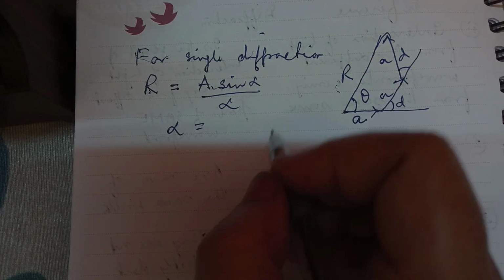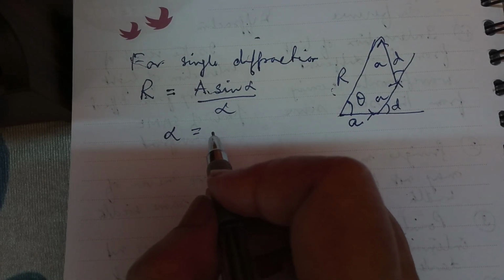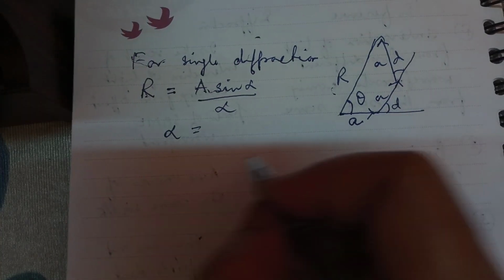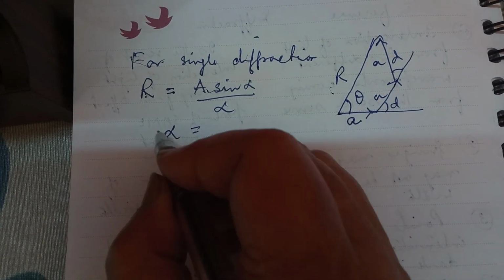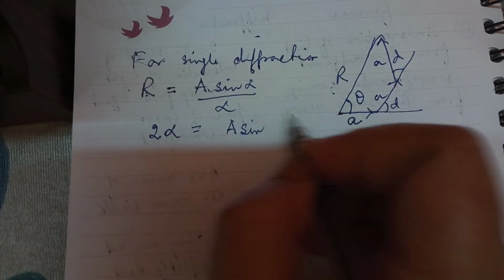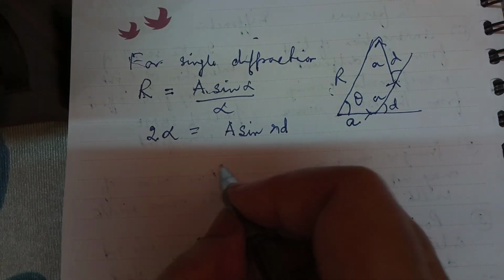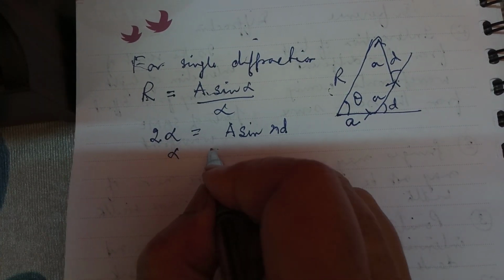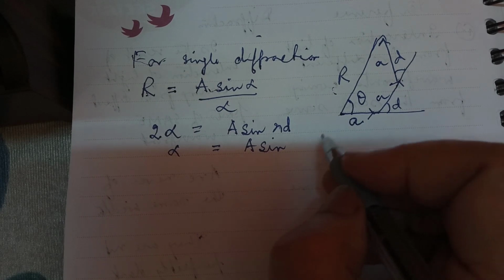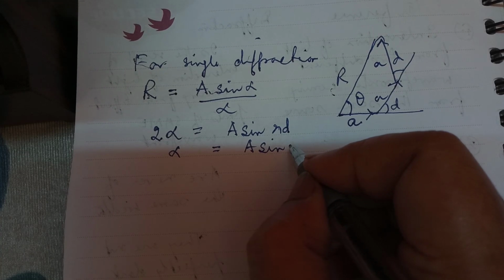After we had calculated the phase difference, we had seen that 2 alpha was equal to A sine ND, and alpha was equal to A sine ND by 2, isn't it?